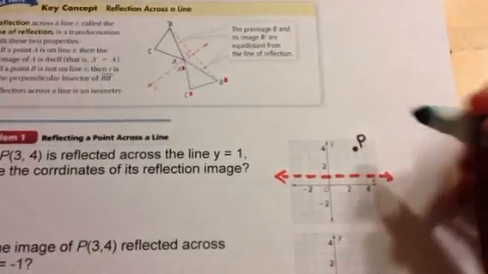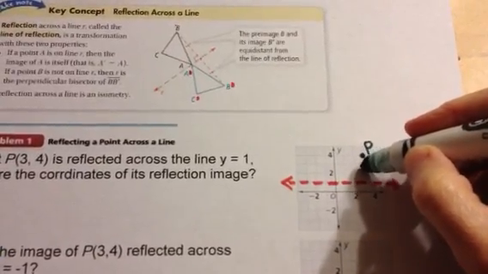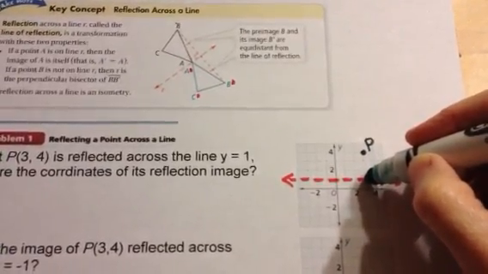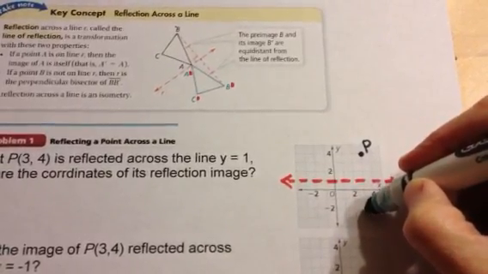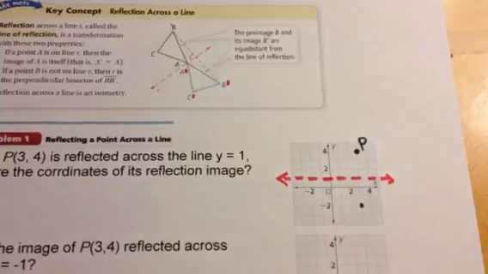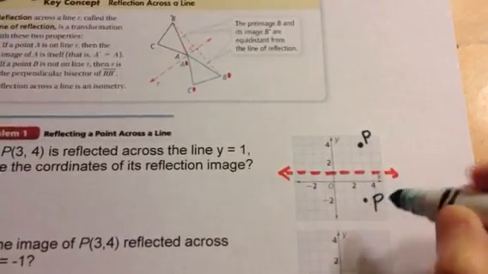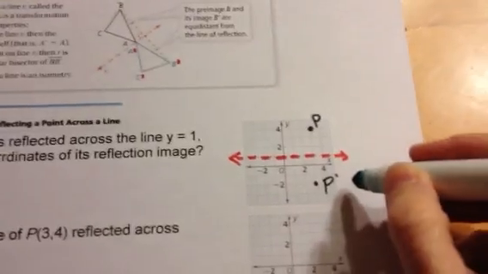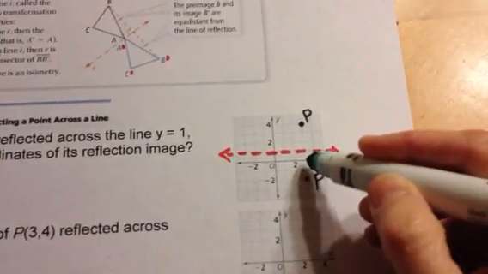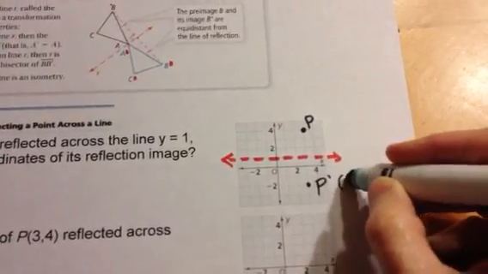So if that's true, let's see, P is 1, 2, 3 away. So that means P prime has to be 1, 2, 3 away over here, and I'll label that P prime. So now it says what are the coordinates? So P prime is at 3, -2.